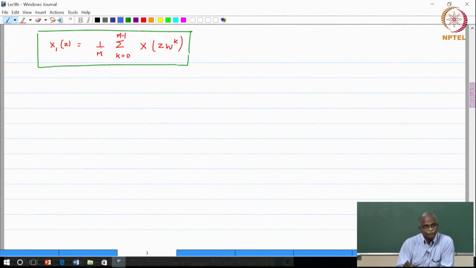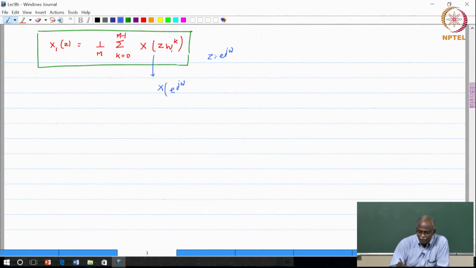X1 of z we showed was 1 over m summation k equal to 0 to m minus 1 of x of z w^k. Now I just wanted to expand this a little bit. If I substitute z equal to e^(j omega), then this term becomes x of e^(j omega).